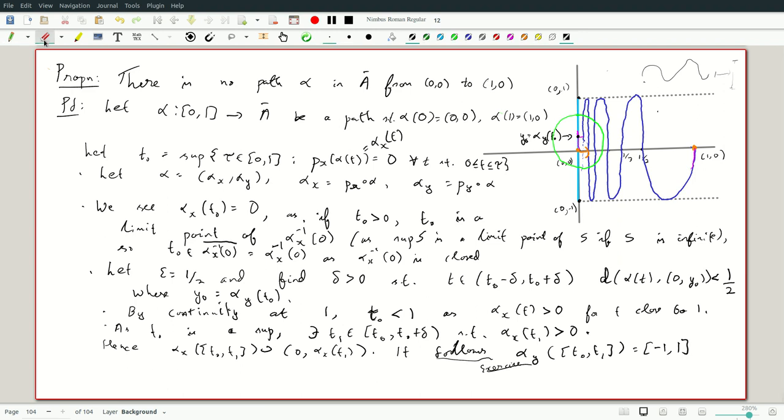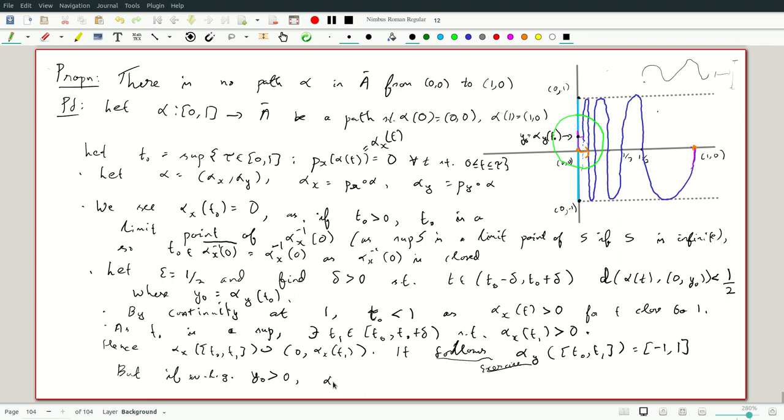But we cannot have this. Without loss of generality, say the point y0 is greater than 0.